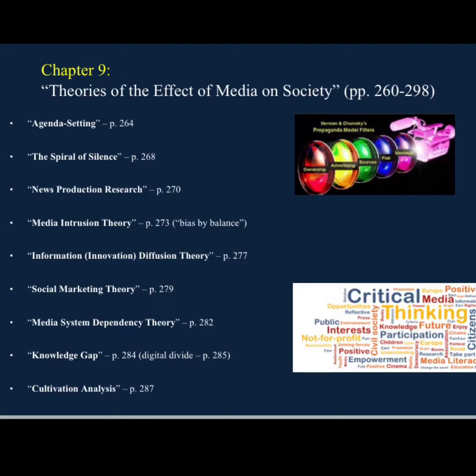The next topic on page 270 is called News Production Research. And the chapter actually gives us 4 types of news production research listed on pages 270 through 271. These 4 types identify the study of how the institutional routines of news production inevitably produce distorted or biased content, according to news production research theory. The first of these 4 types is personalized news, in which stories are framed in terms of the impact they have on very personal individuals.